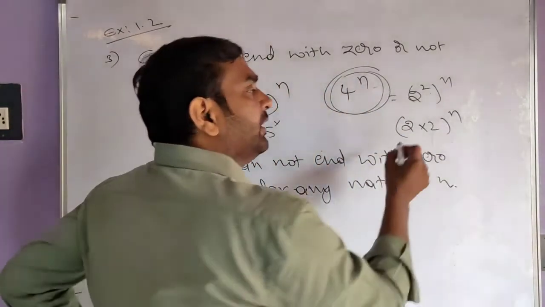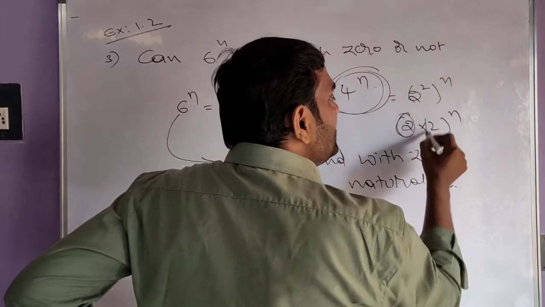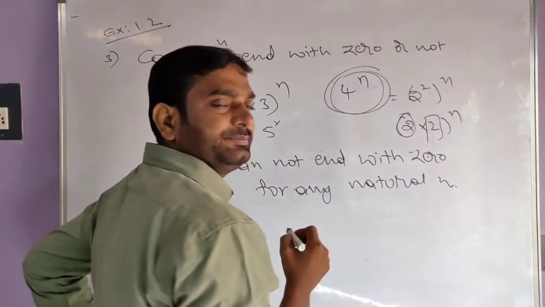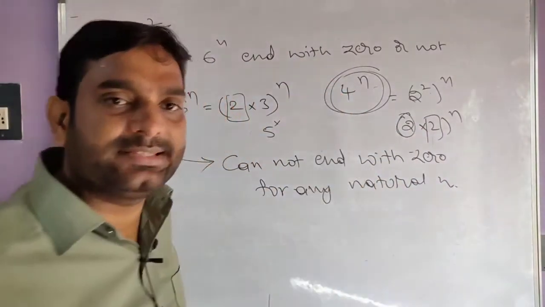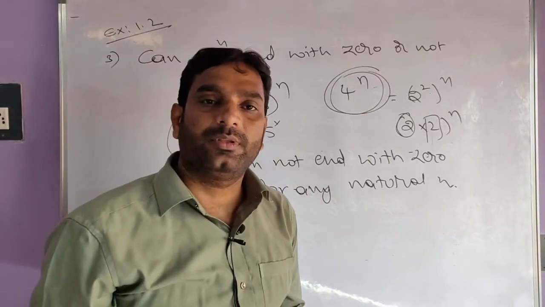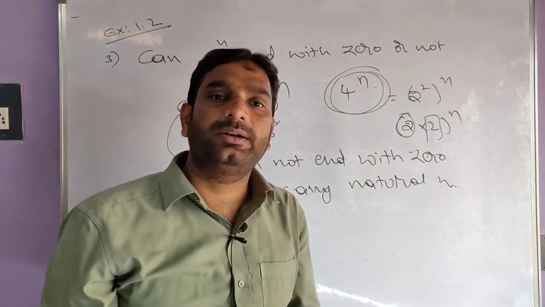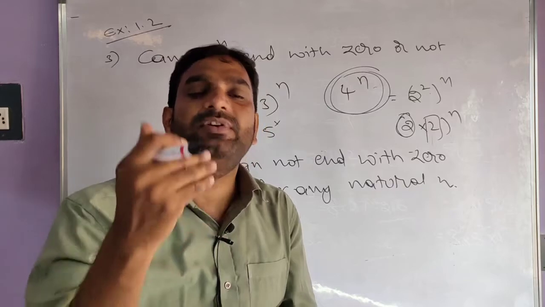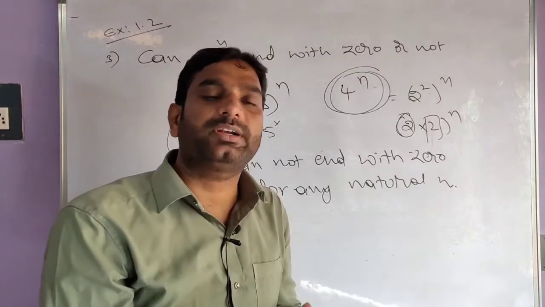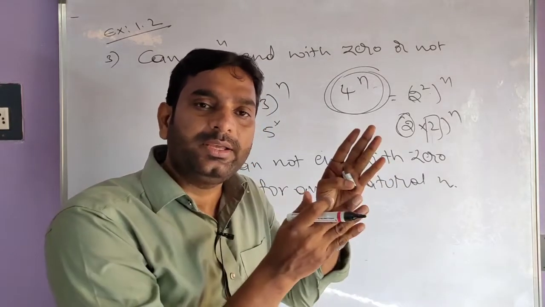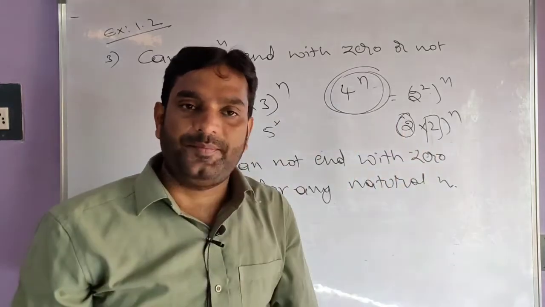In this, 2 is present, but 5 is not present in that product, so it does not end with 0. If any number is to end with 0, its product should have 2 and 5.